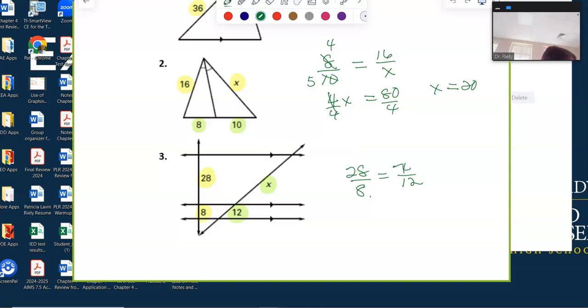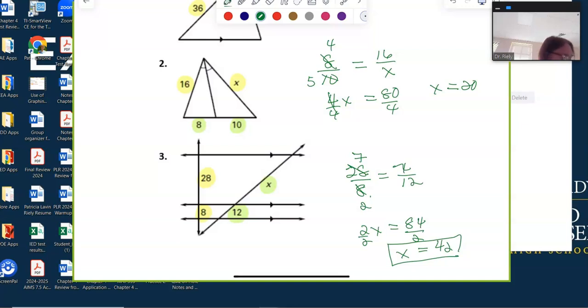Let's back out of there. What do I want to do? I want to put 4 in here. 4 goes into here 7 times. That's what I want to do. 4 goes into here 2 times. I'm reducing it to make my numbers smaller. Do your cross products. 2x equals 7 times 12, which is 84. Divide by 2, and you get x equals 42, and we are done.